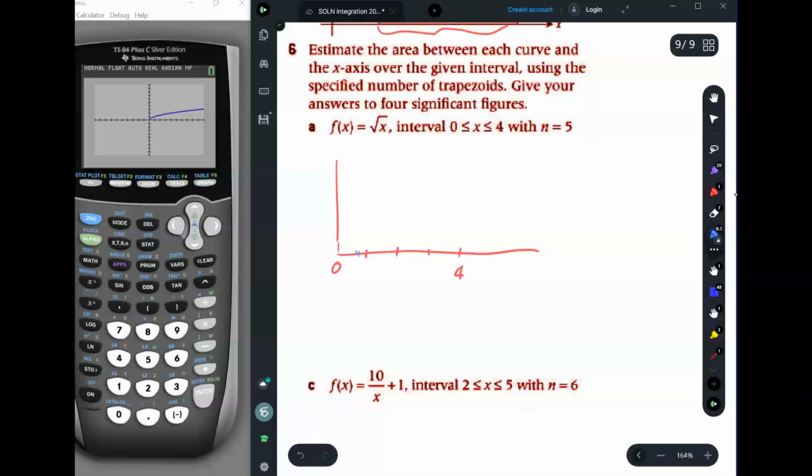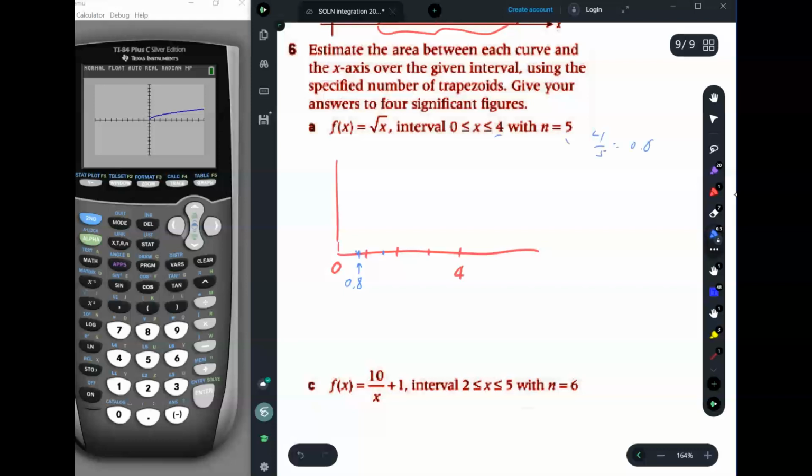So here's going to be one edge and here's going to be another edge, and not cool. So I'm going to just mark here what each x value is. The first x value is not that bad. It's going to be 0.8, right? Because I'm taking 4 divided by 5, and that'll give me 0.8.